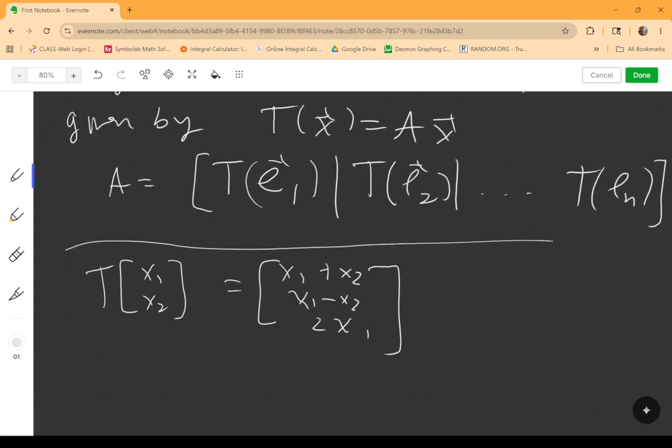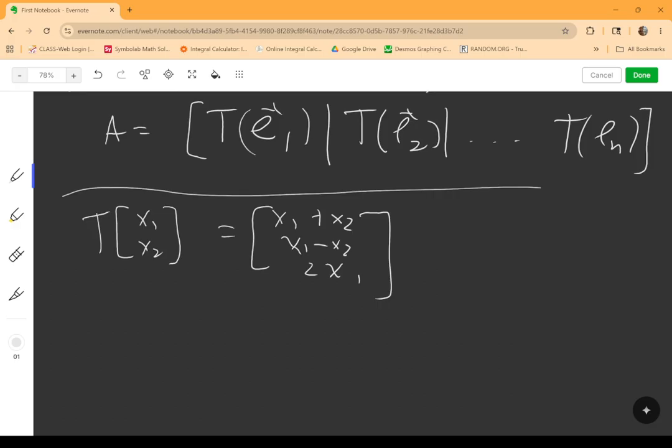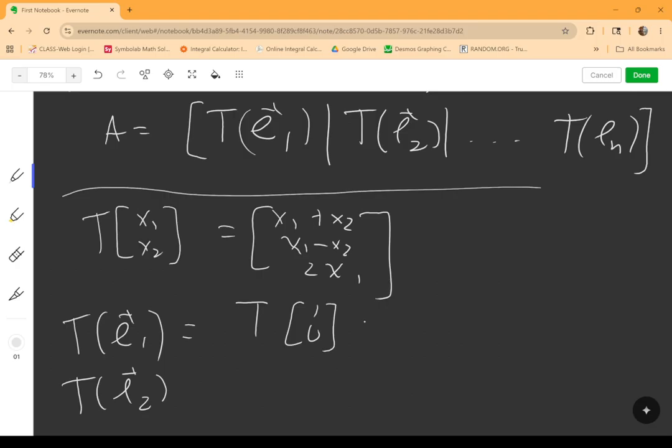So what the above theorem states is that I can generate this matrix by calculating T of e1 and T of e2. Now T of e1 is T of 1, 0. So that gives me 1, 1, 2.